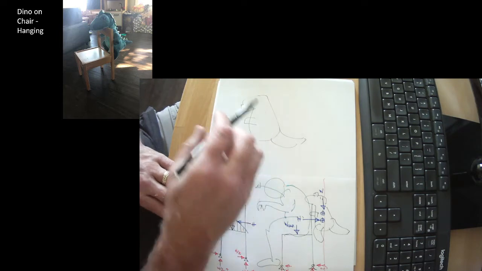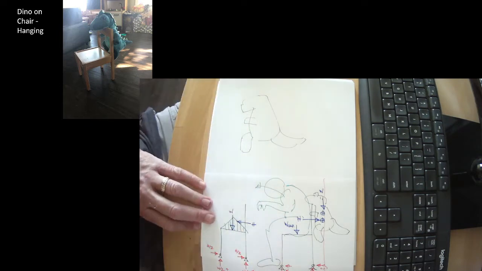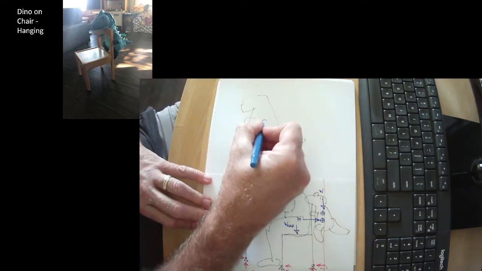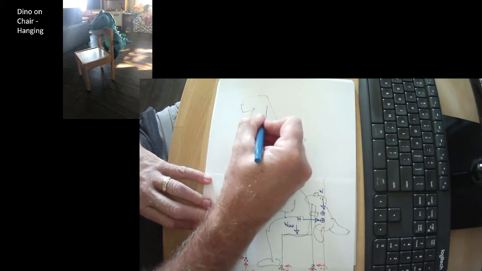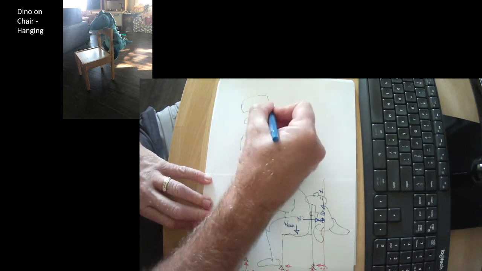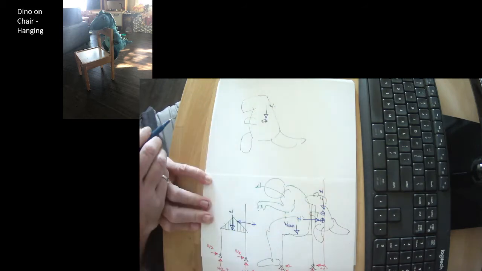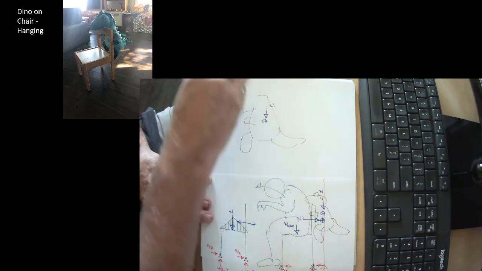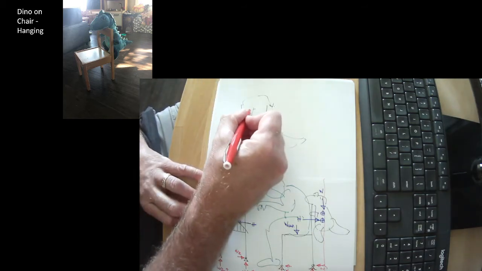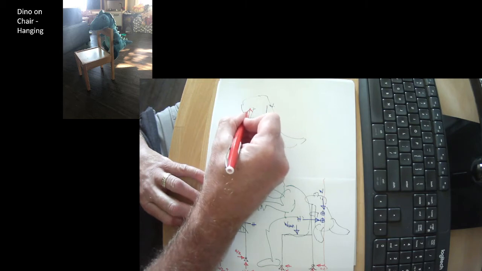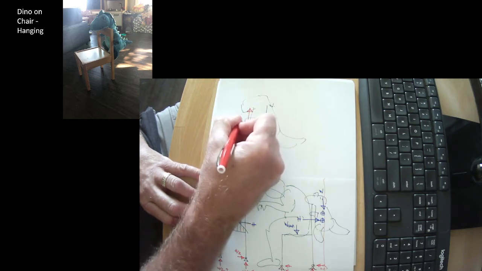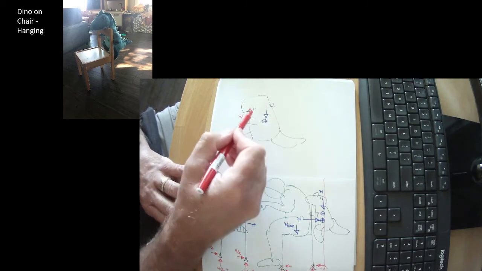Let's look at what's holding Dino himself in equilibrium. There's Dino's weight. Well, we know that he's, what's holding him up? He's hanging on by his chin. That's what's holding him up.